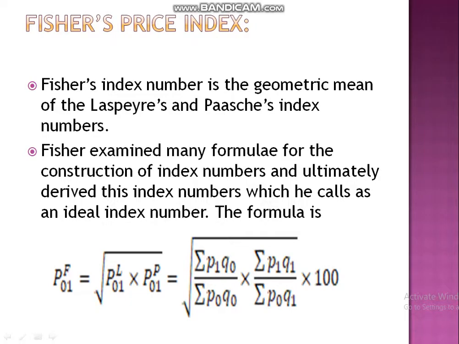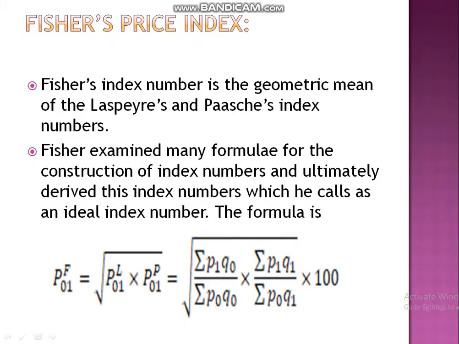Then this Fisher, he is a statistician. Fisher examined many formulas in order to construct this price index, and finally he derived this formula. This formula is actually the square root of summation P1 Q naught divided by summation P naught Q naught into summation P1 Q1 divided by summation P naught Q1, into 100.